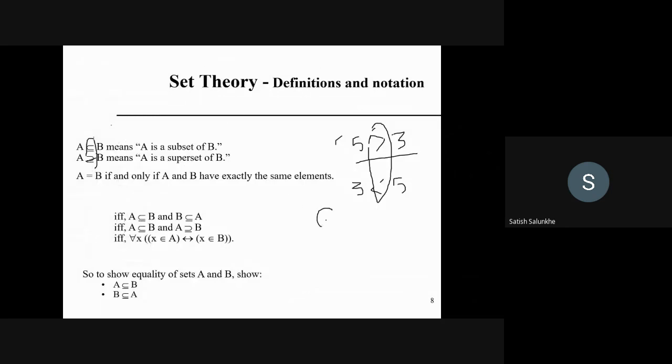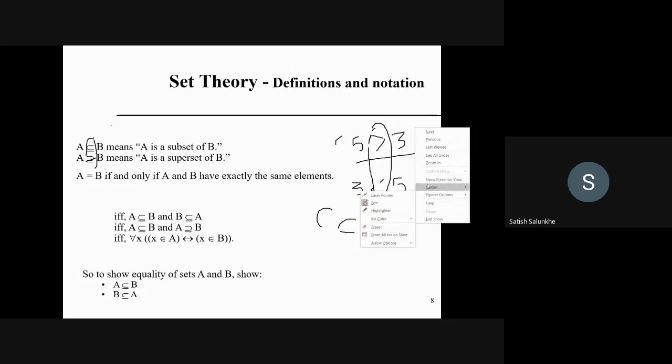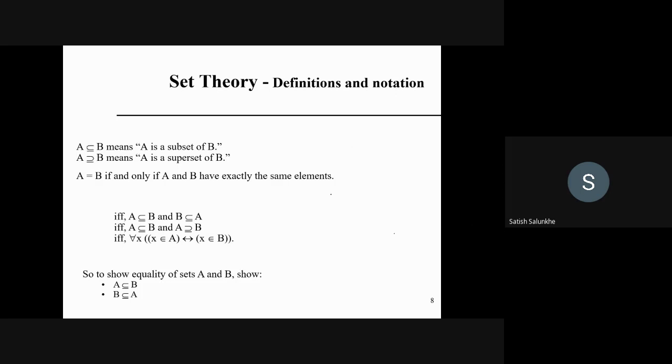This opening part, this half open part, is always facing towards the set which has more cardinality. If it is facing the right side, that means the right side set has high cardinality compared to this.